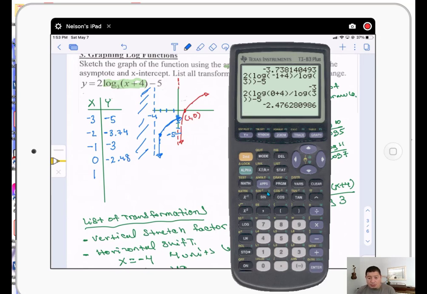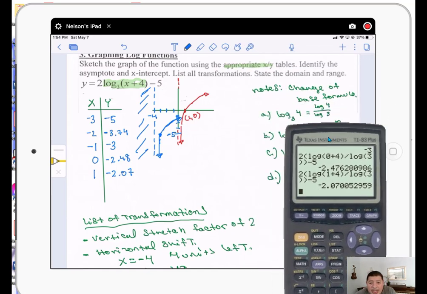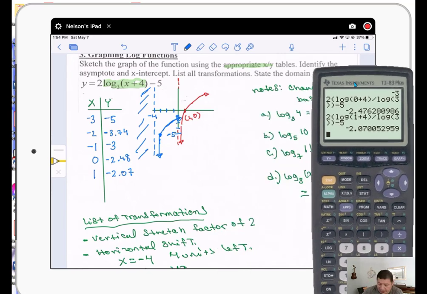And then let's input 1. And so we get -2.07. All right, so I want to say that this pretty much covers it all, right? Identify the asymptotes. Okay, so let's go ahead and do that.